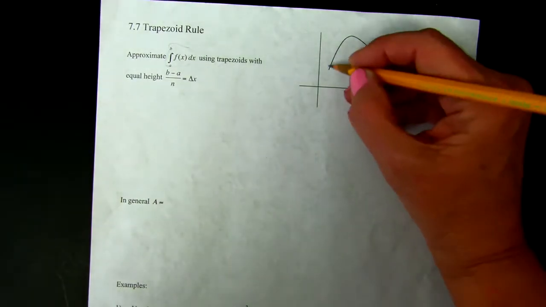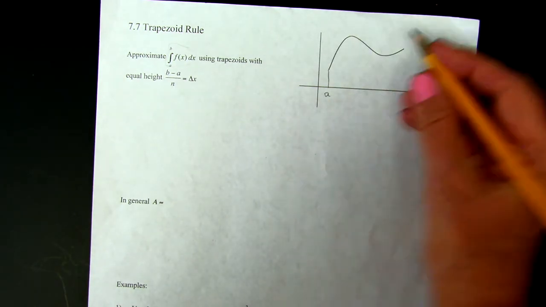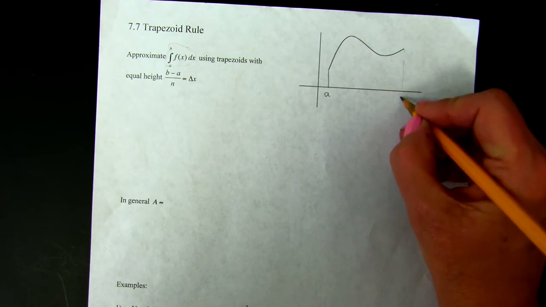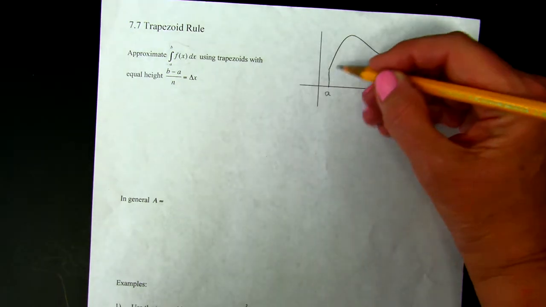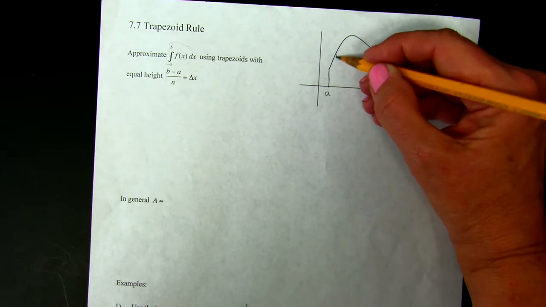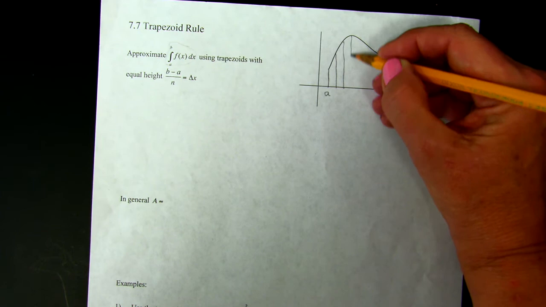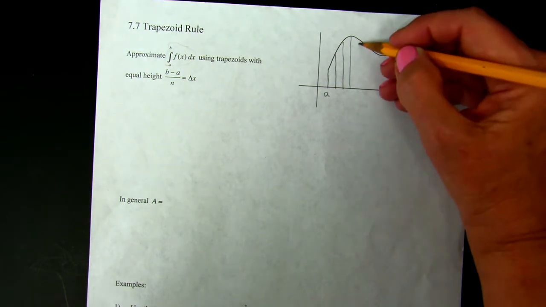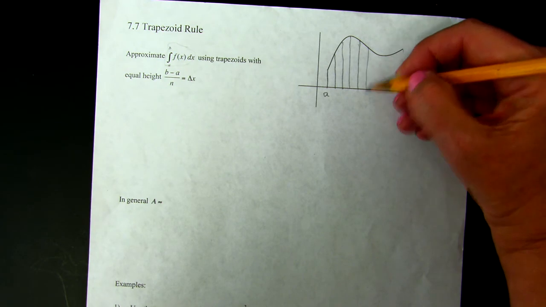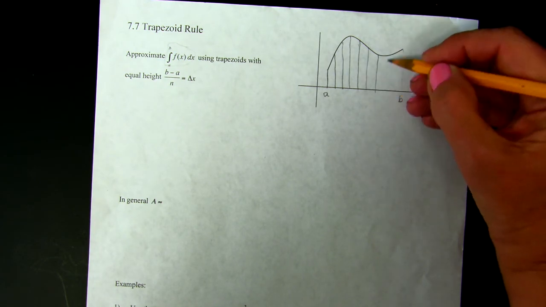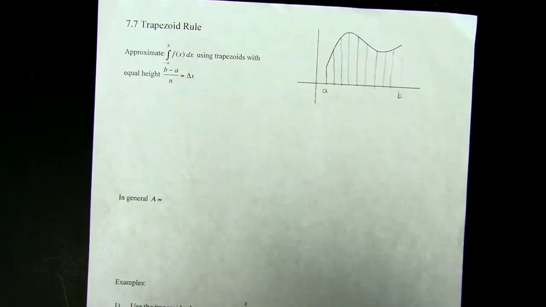So let's go ahead and identify a and b, and we are going to divide this up into equal intervals. In other words, delta x is going to be the same all the way across.